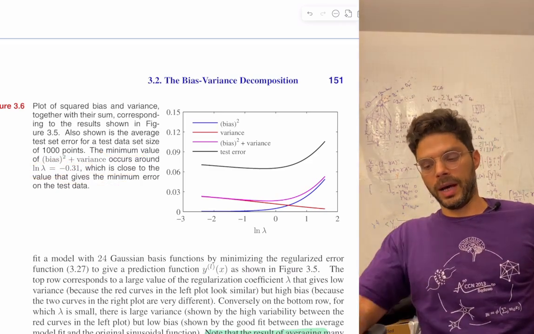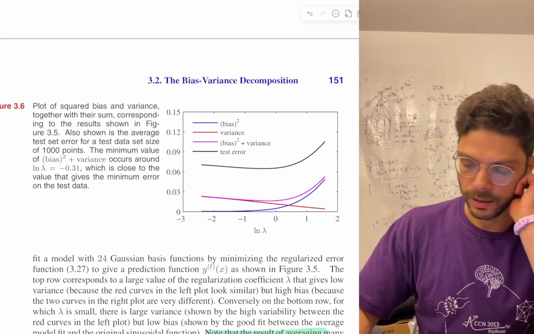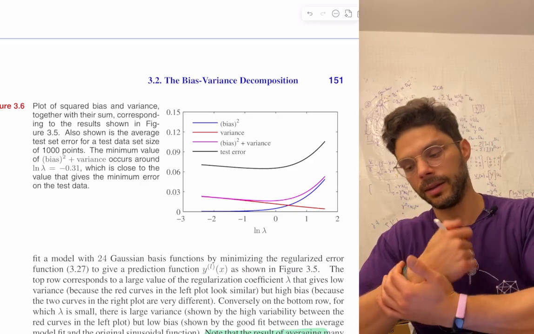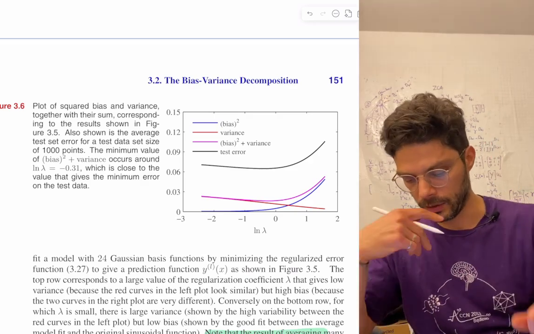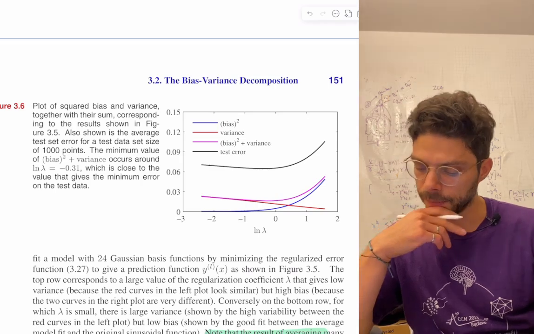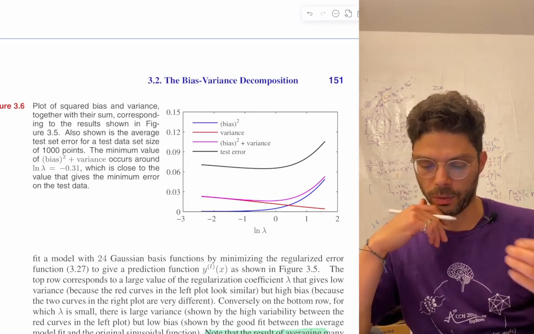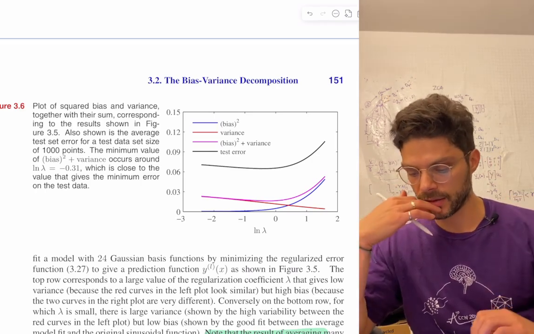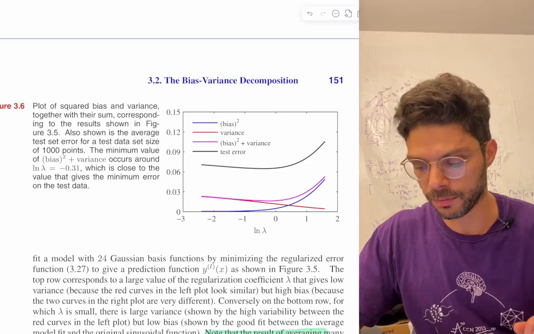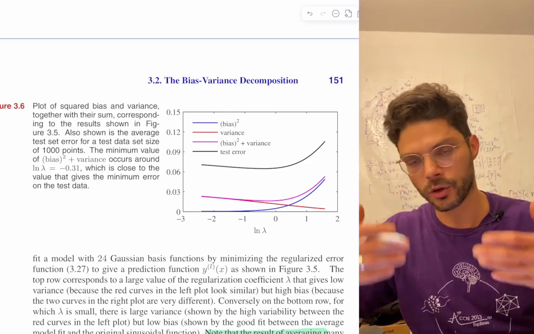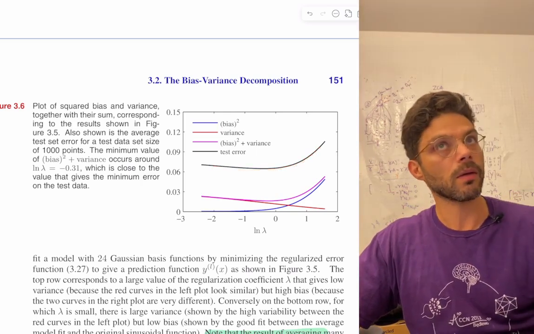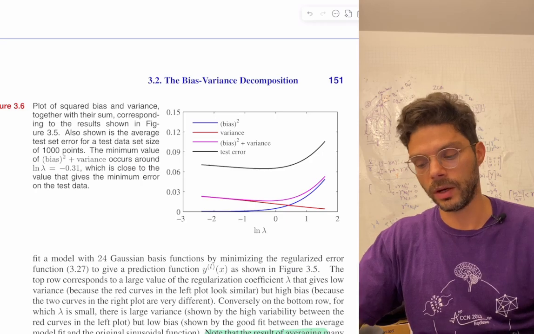So if we minimize the sum of the bias and the variance, then we would find the parameter that gives the best test error, which is what we expect, because we built this by averaging over data sets. So it's not surprising that the best value shows up at the same place it would on held out data.